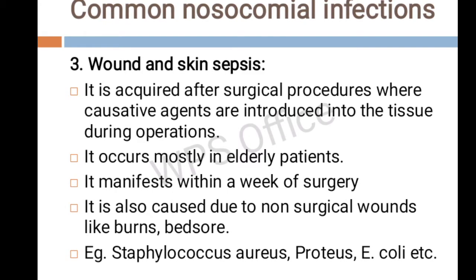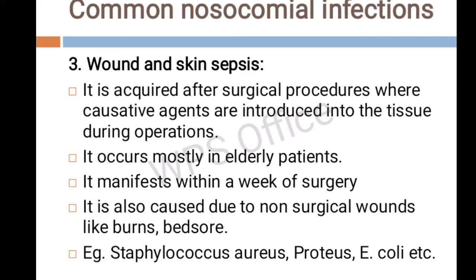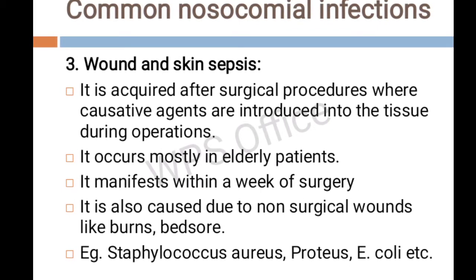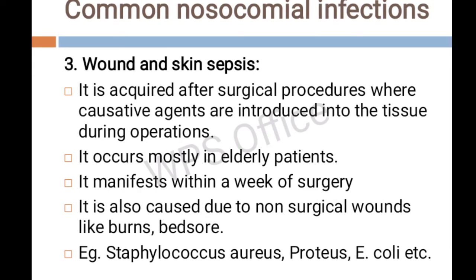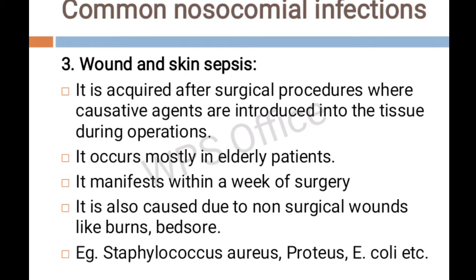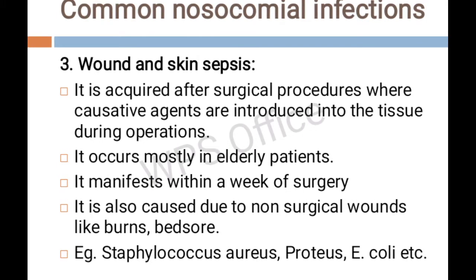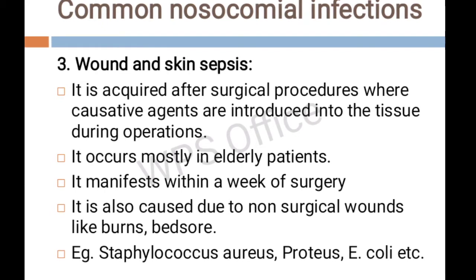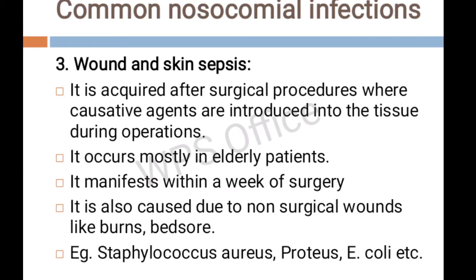It occurs mostly in the elderly patient and manifests within a week of surgery. It is also caused due to non-surgical wounds like burns and bed sores. So while doing any surgical procedures, these causative agents will get transmitted into our bloodstream or inside our wounds and tissues during the operation.